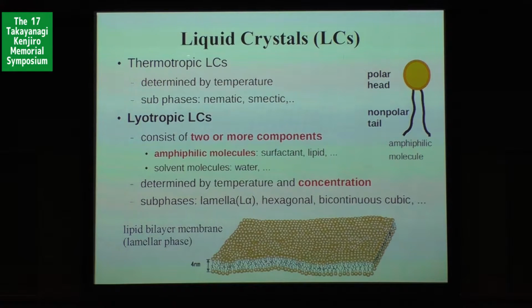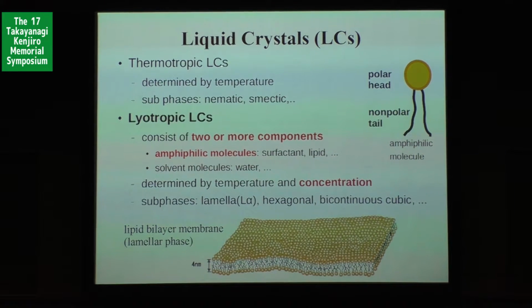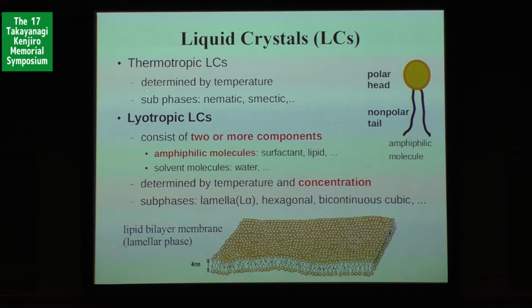You might know that liquid crystals are classified into two types. One is thermotropic liquid crystal. This is very famous. Almost all of you use this every day. The thermotropic liquid crystal phase is determined by temperature.